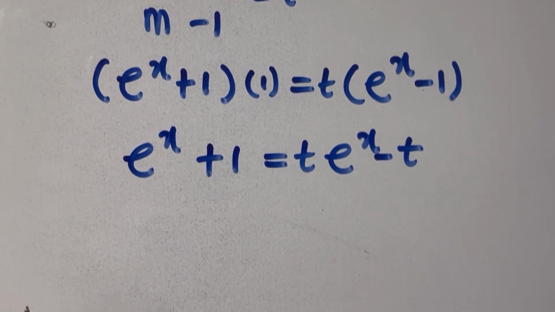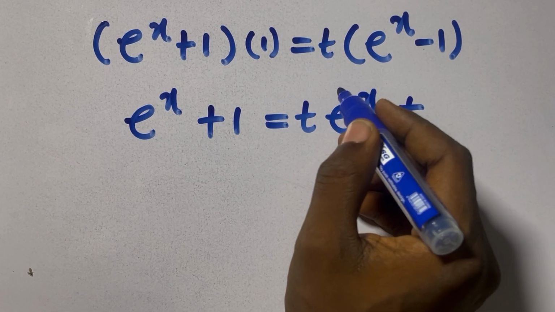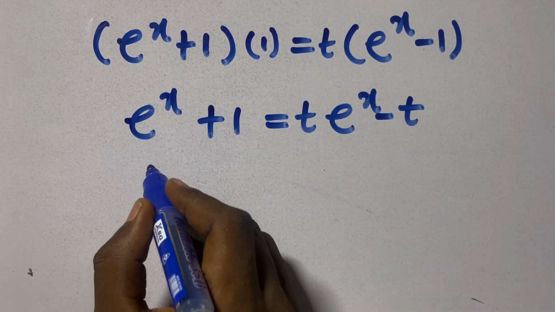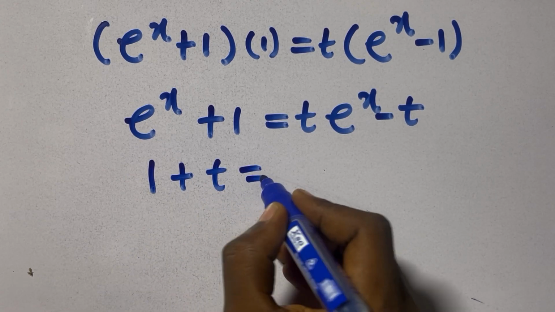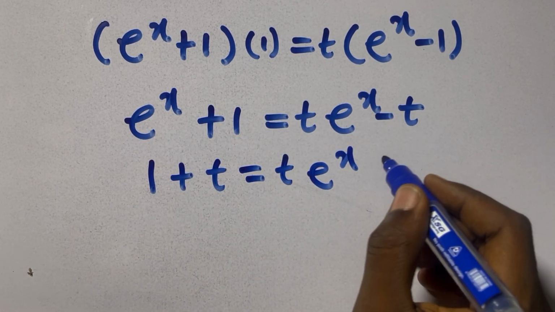Since our goal is to first solve for eˣ, let's collect the like terms. So we have 1 + t = t·eˣ − eˣ, after transferring this to the other side.